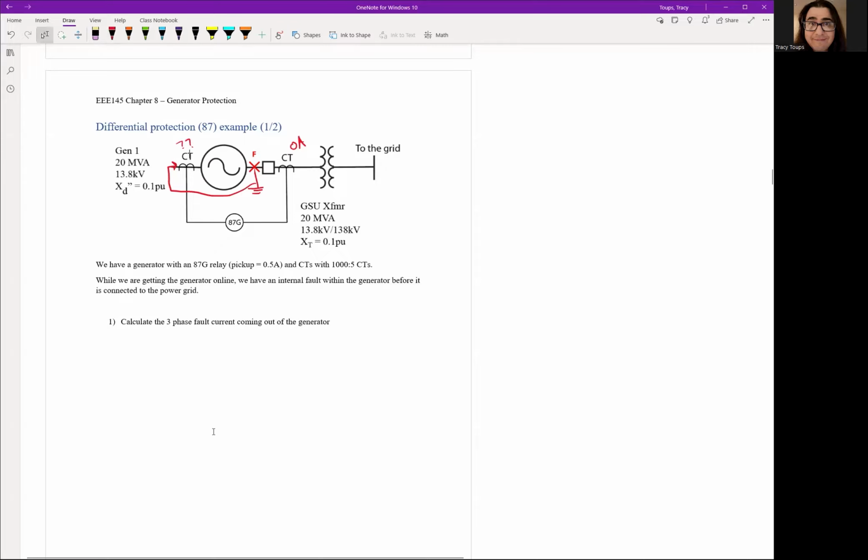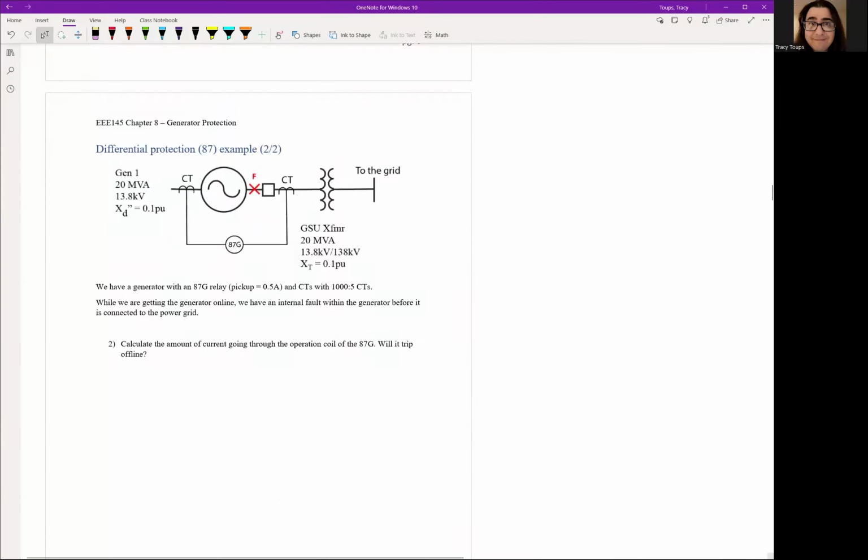So calculate the three-phase fault coming out of the generator, and then let's check what each CT is seeing. Figure out how much CT fault current is flowing through one side and the other. Find how much current is going through the operating coil of the 87G. Find that delta I and ask, will it generate a trip because we have high current?